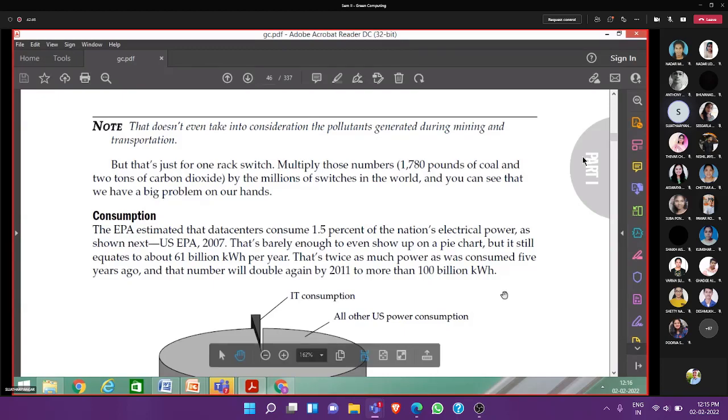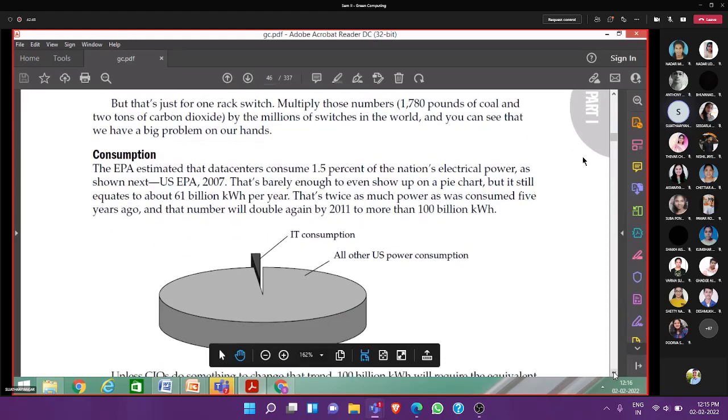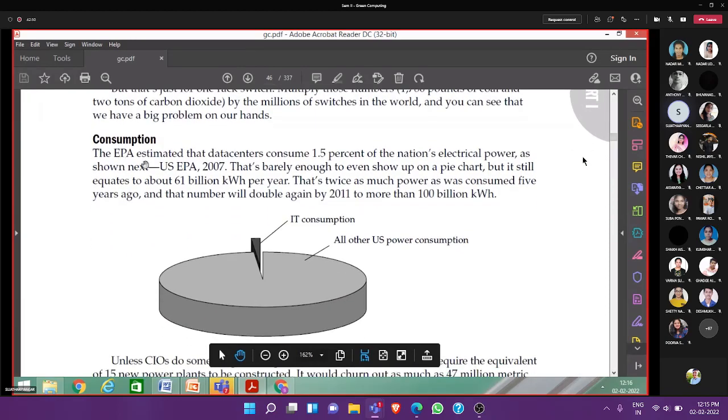Okay. The EPA must be the authority. They estimated that data centers consume 1.5% of the nation's electrical power. Okay, now Google data center. Imagine each and every time we are depending on Google. So their data center, they have to always expand their data center.